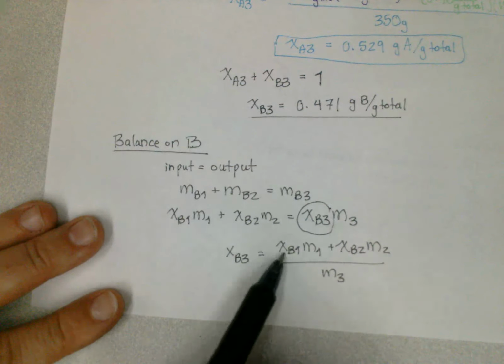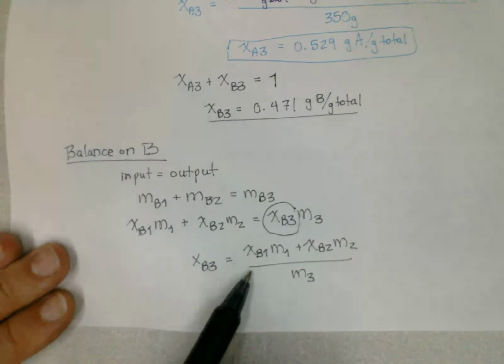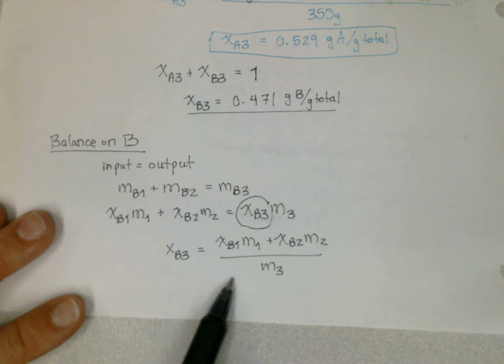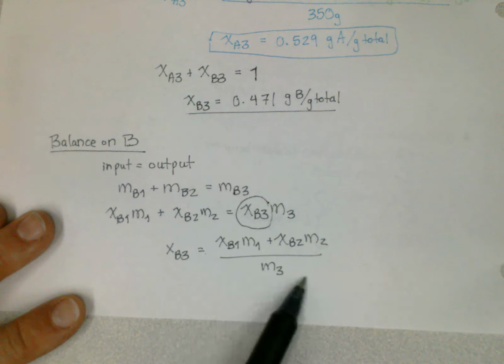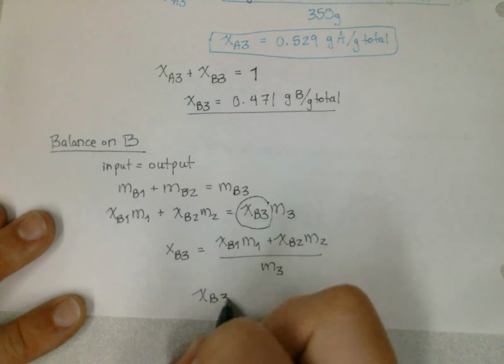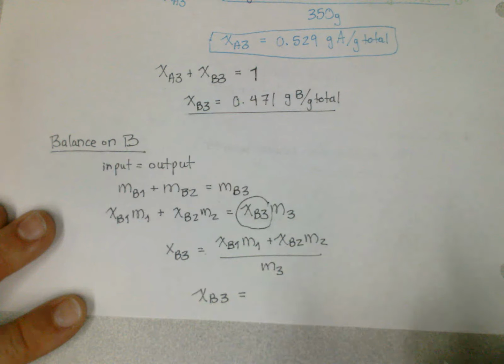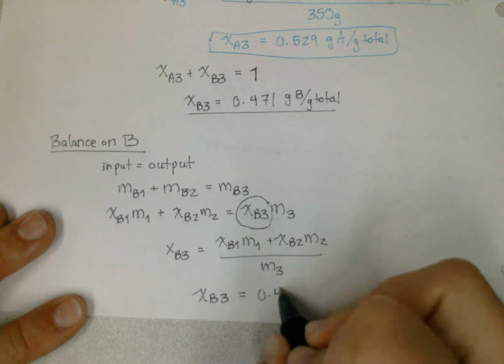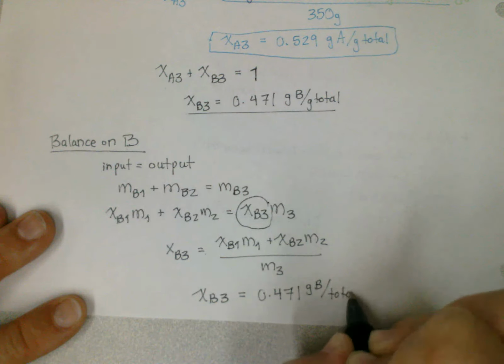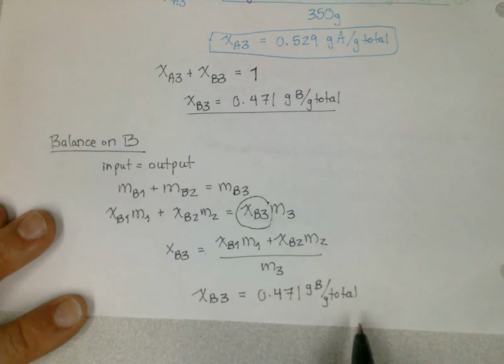Okay, and I do want to see this algebra. That is going to be critical in this class. I do want to see the algebra. Now, if we plug in all of these values, xb3 we will find is equal to 0.471. So this is a way of checking your answer.